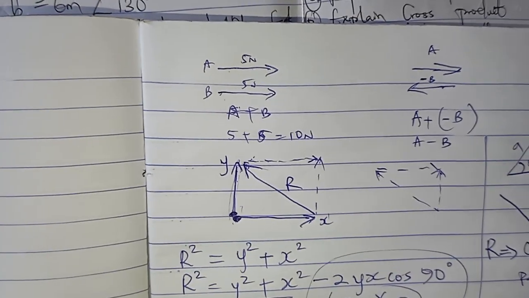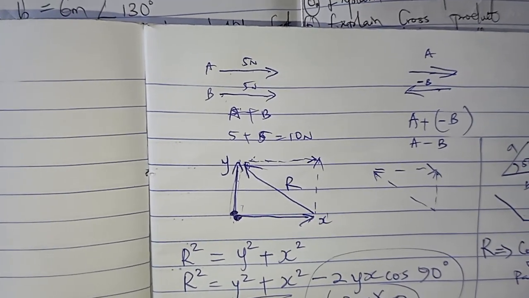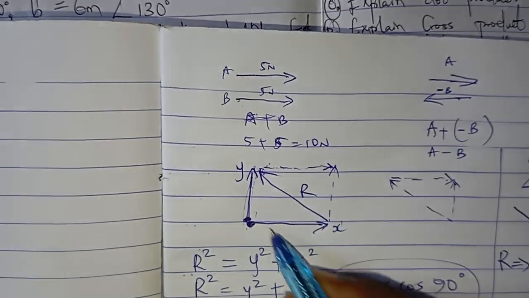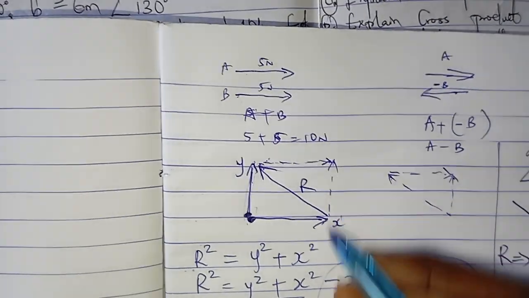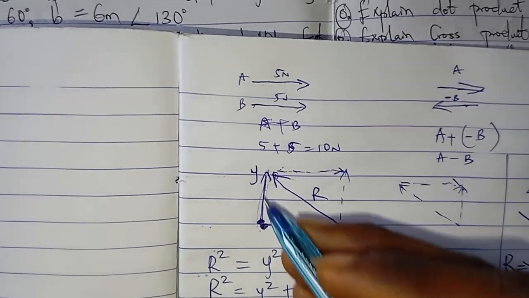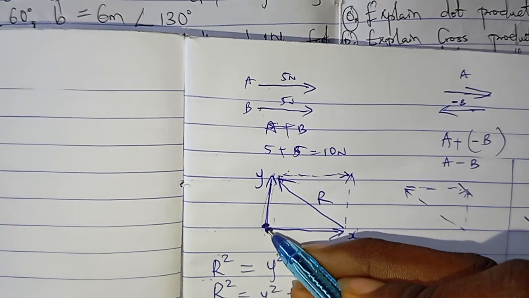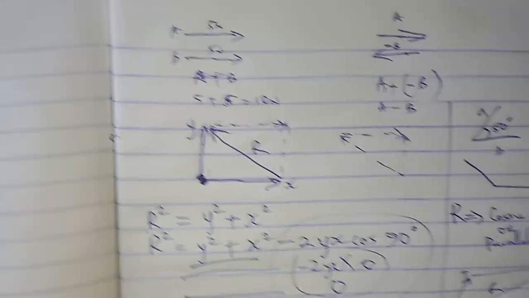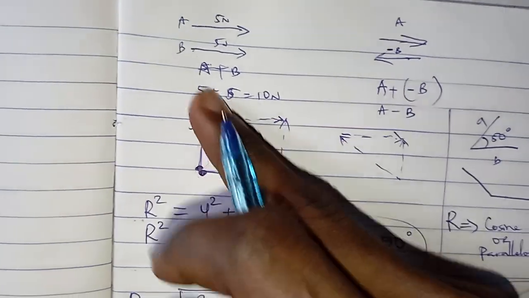So you see, it's the same thing. It's all about knowing that this side is equal to this side and this side is equal to this side. I believe you know that inside this right angle triangle, this is also equal to this, so it's not a diagonal. What you have here is equal to what you have here.